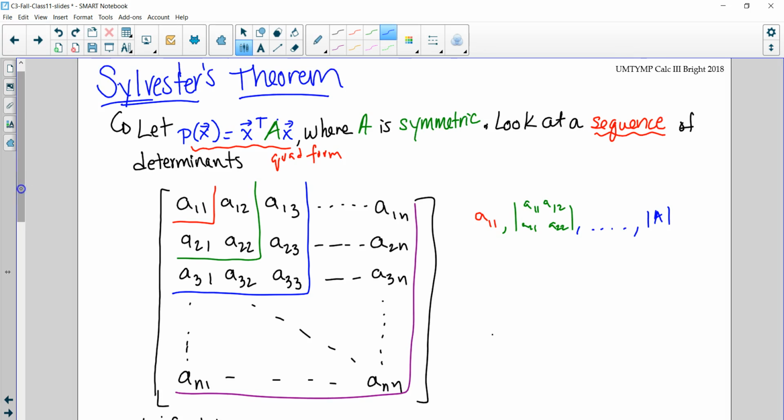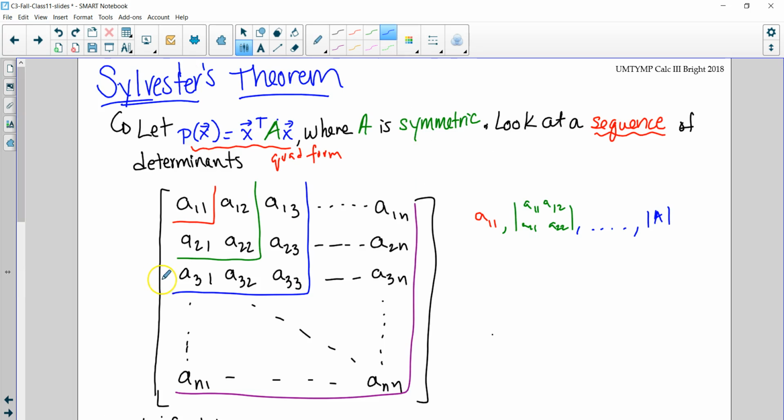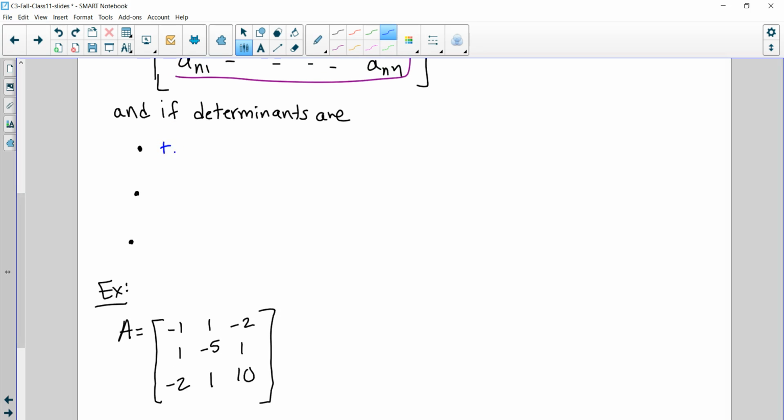And what Sylvester's theorem says is, if the determinants are all positive, so that sequence is all positive, then P is positive definite as a quadratic form.